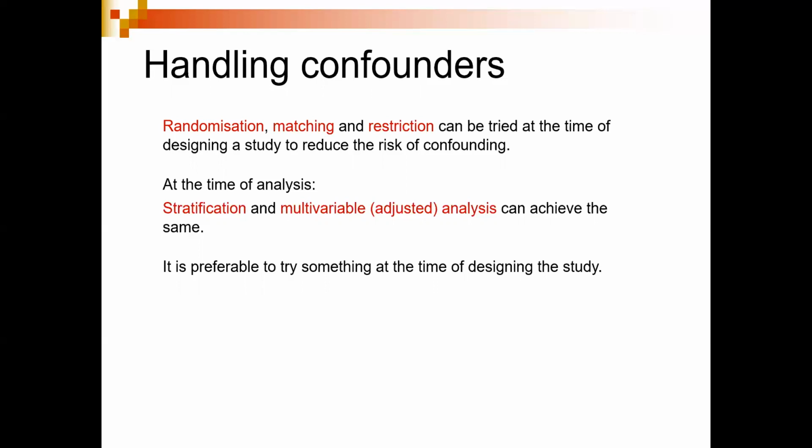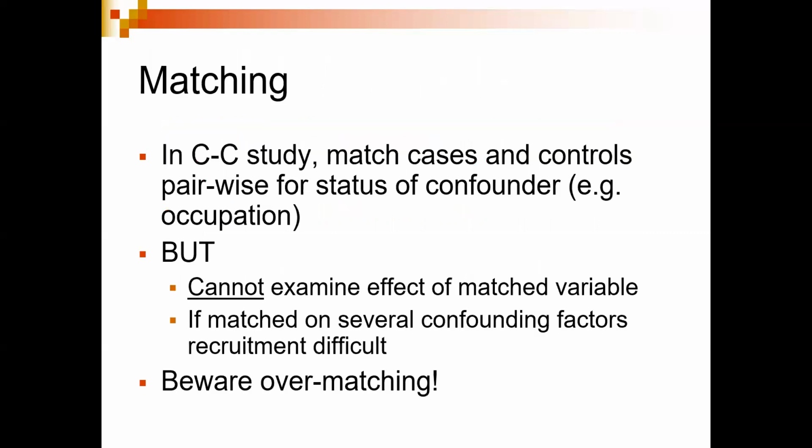But usually it is advisable to control for confounding at the time of designing the study, rather than trying to address this whole confounding issue later. It's wiser. During the stage where you're designing your research, you try to really address this whole issue of confounding.